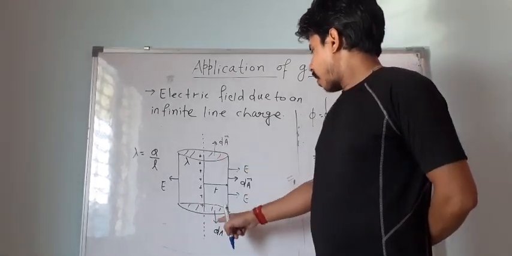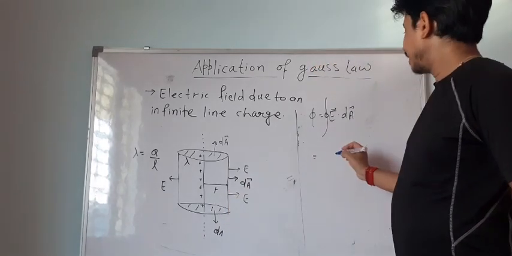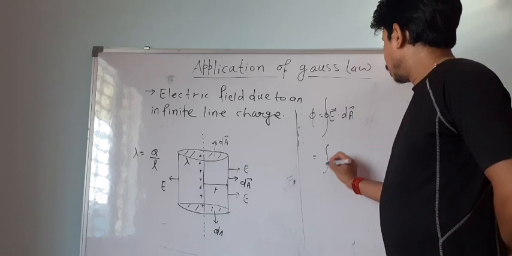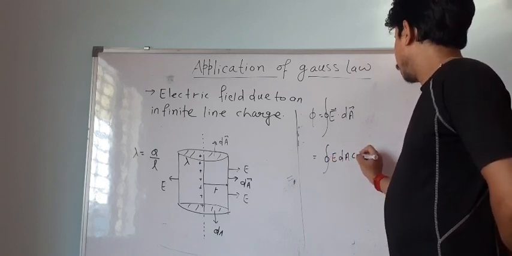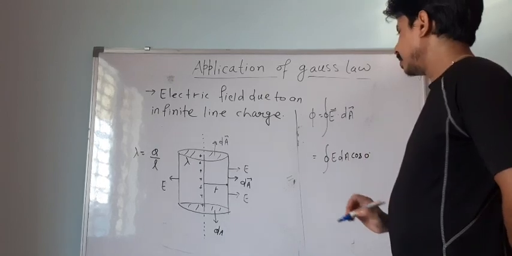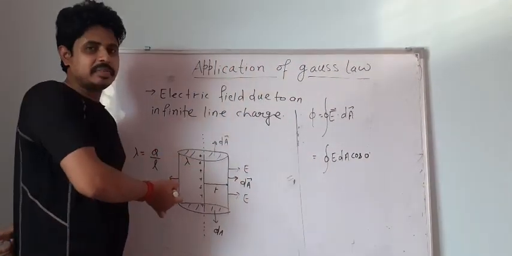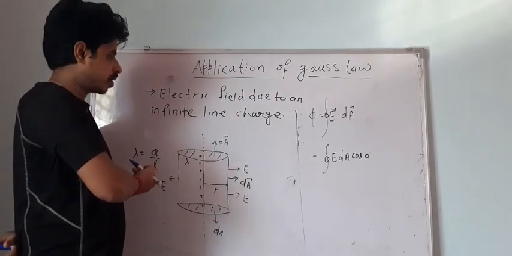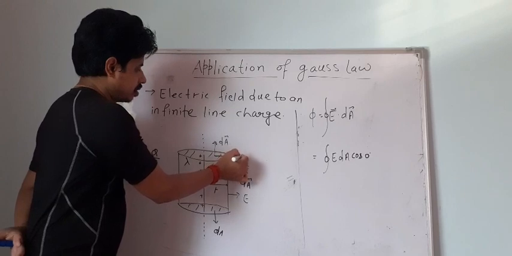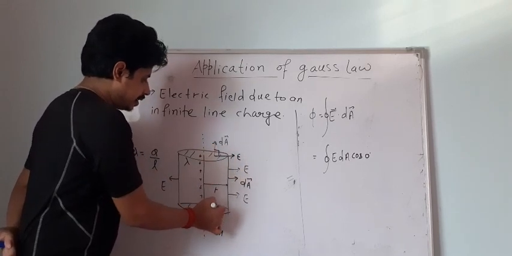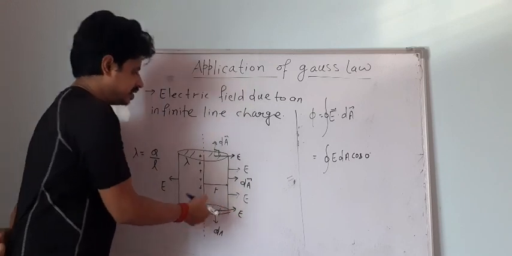And for this surface we can write E dA into cos 0 degree, because here the electric field and area vector are in the same direction, at 0 degree. Here it was at 90 degree. So due to 90 degree it is 0.